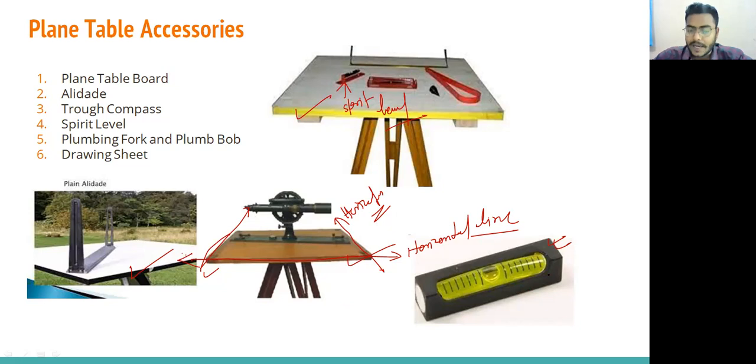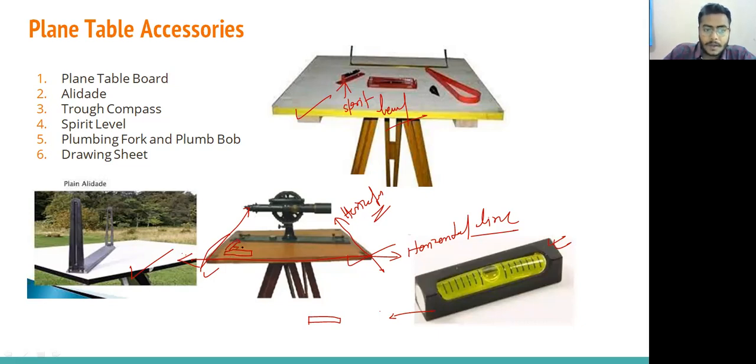For that, we use two spirit levels. I'm drawing a rough diagram, a rectangle. We will keep one like this, and one like this.